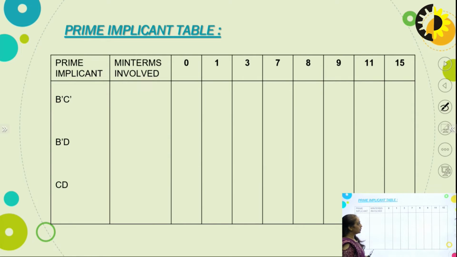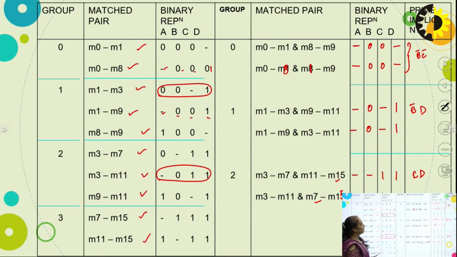This is drawn in such a way that first write all the minterms which are present in the question. Okay, then BC, and which are the minterms involved in calculating B bar, C bar. Here in B bar, C bar, we can see that minterms 0, 1, 8 and 9 are used, right?